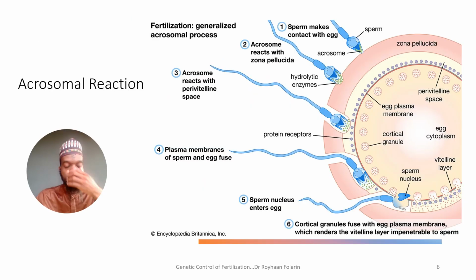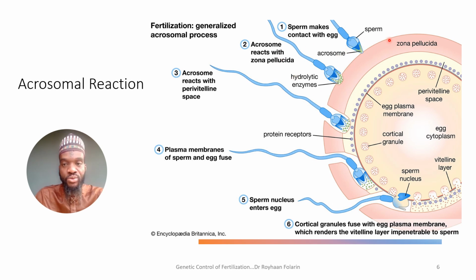So the acrosomal reaction of the spermatozoa is a prerequisite for an association between the egg and the sperm into what we refer to as fertilization. Before a spermatozoon and an egg can fuse their plasma membranes, you need what is referred to as the acrosome reaction.